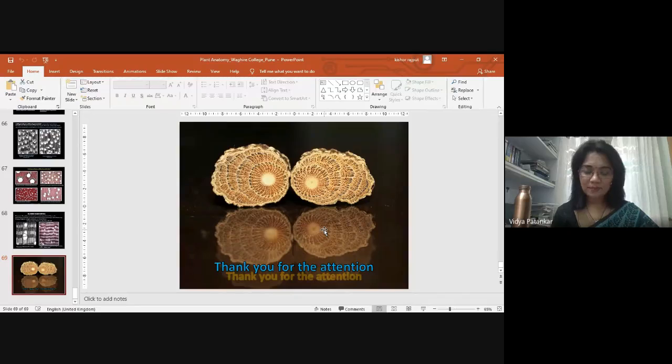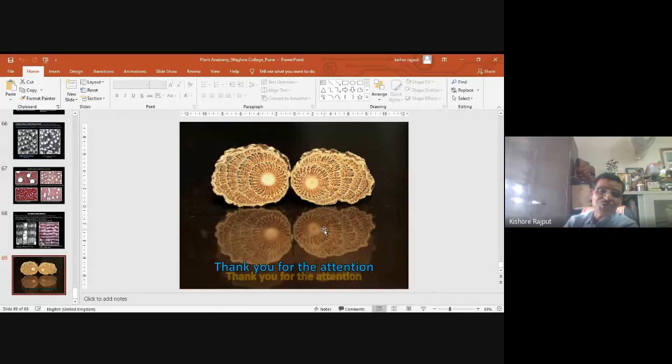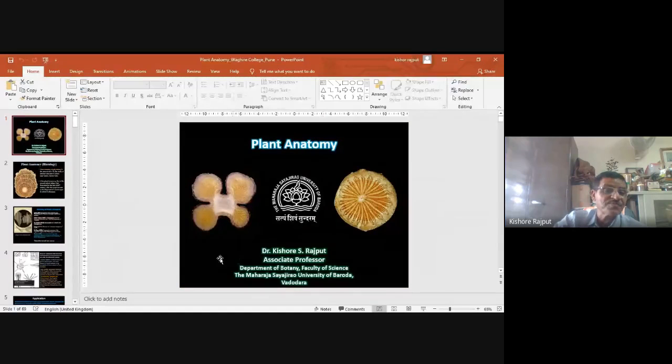TYBSc students. TY students, at least you should know the difference between dicot and gymnosperm. Here the vessels are very distinct. I'll show the first image itself so that you can see it in a larger view. The same photograph I have used here.